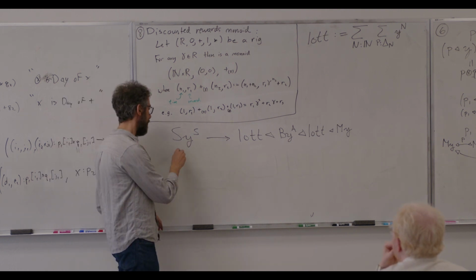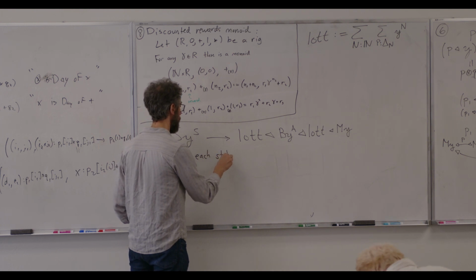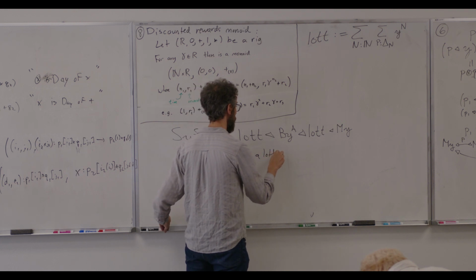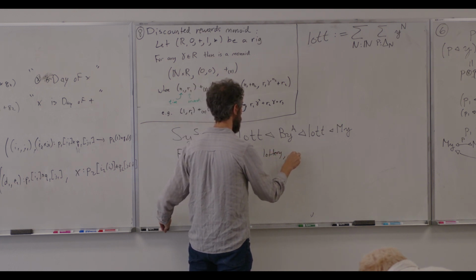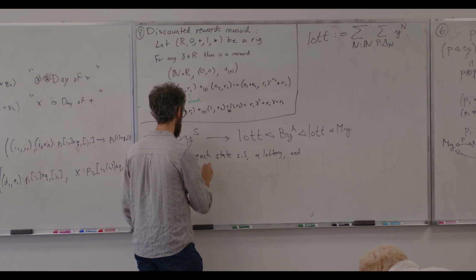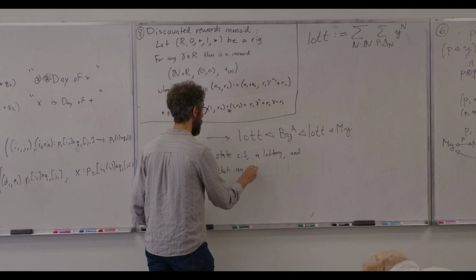So it says, for each state S, a lottery, and for each ticket, an output.